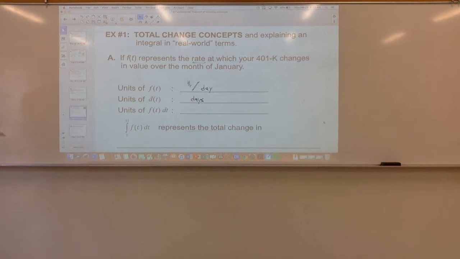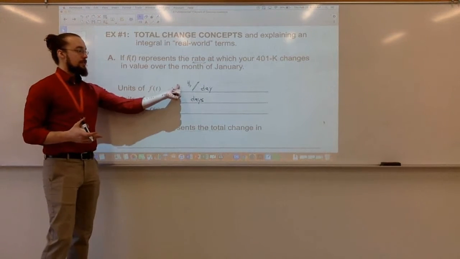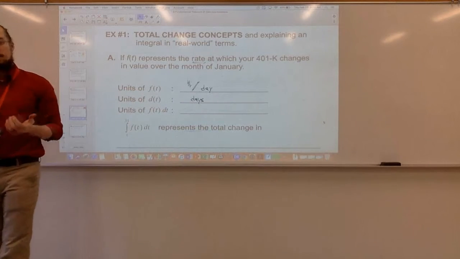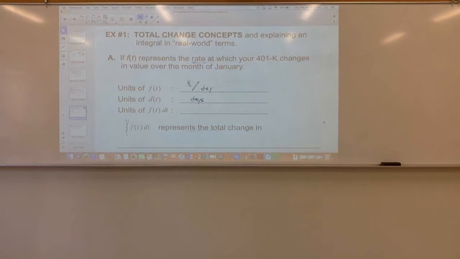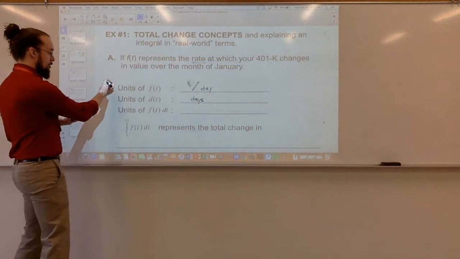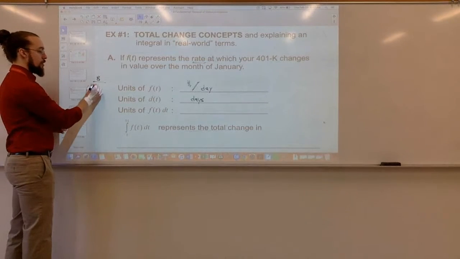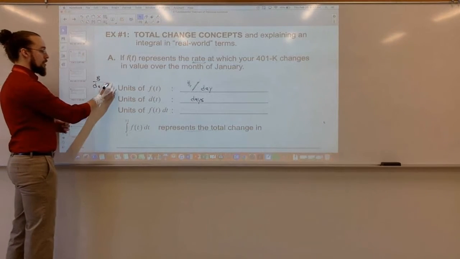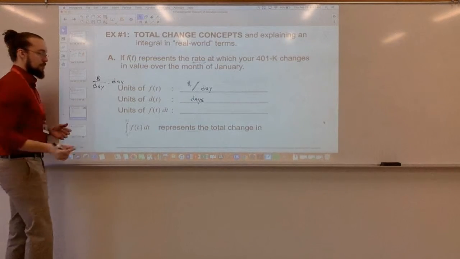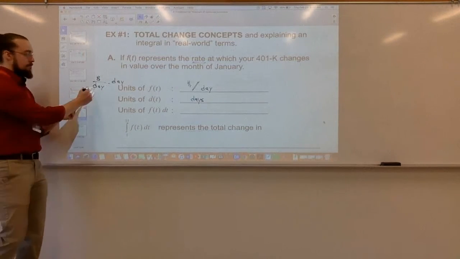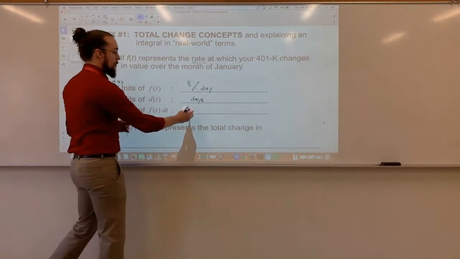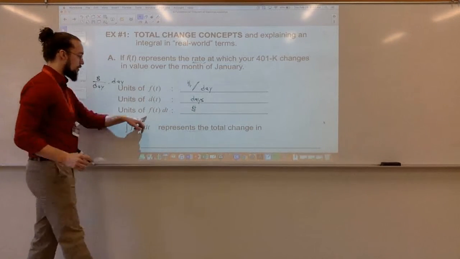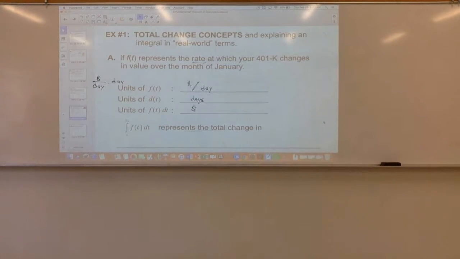So if I multiply those two things together, money per day times days, thinking about this in terms of fractions, money over day times days, the days would cancel out, and the units of f of t times dt would just be money.